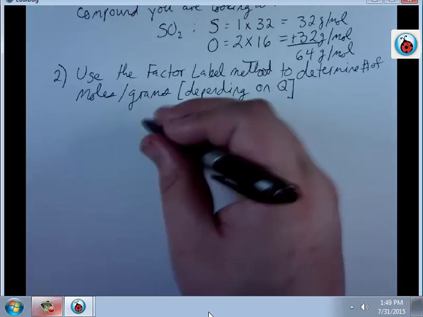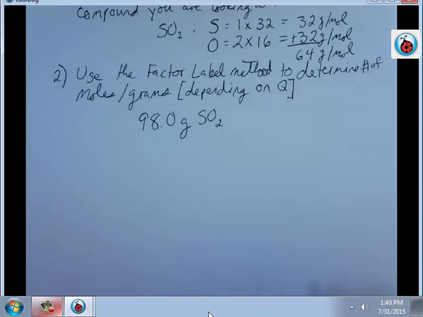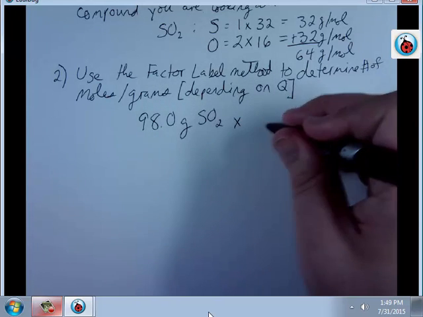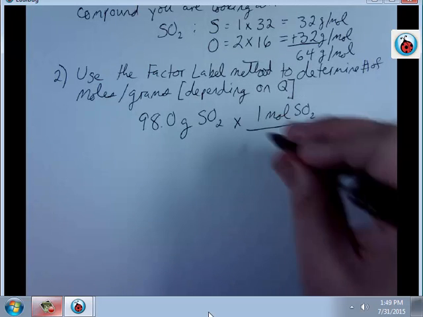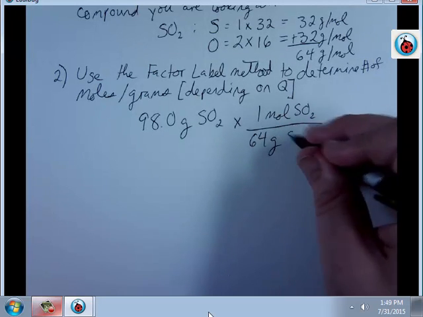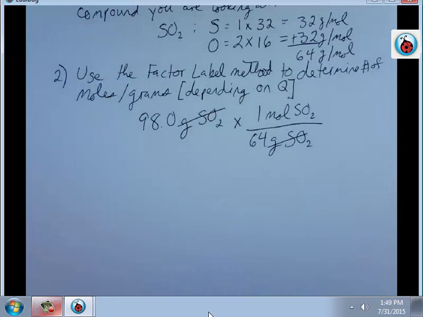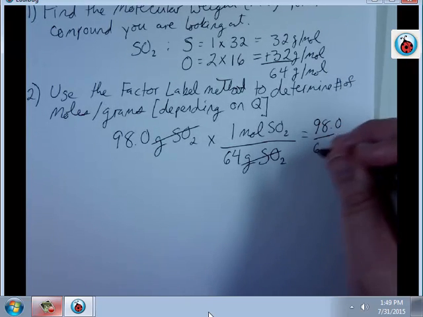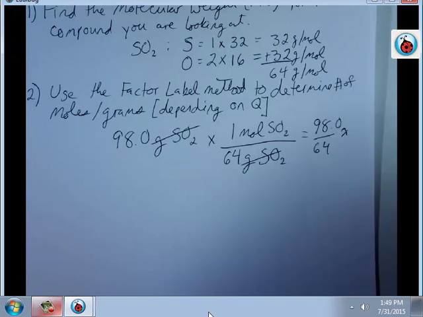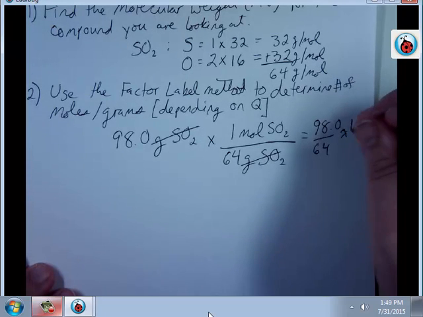So I start with 98.0 grams of SO2, and it's 1 mole of SO2 for every 64 grams of SO2. Units cancel. I get 98.0 over 64, which is approximately 1.5 moles.